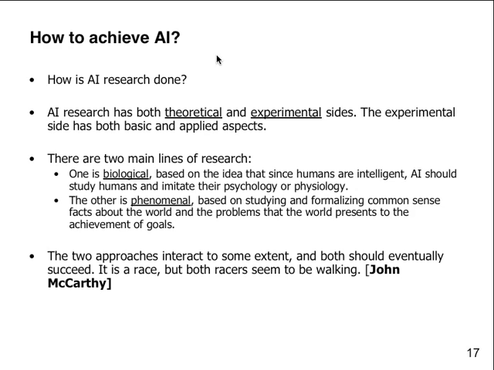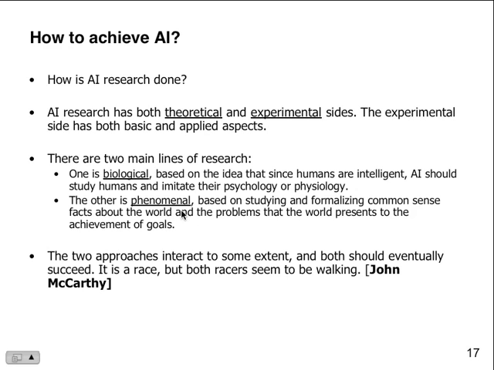There are two main lines of research. One is biological, looking at biological human data, and the other is phenomenal-based. The biological one is based on the idea that since humans are intelligent, AI should study humans and imitate the psychology and philosophy of humans. That's the traditional approach.